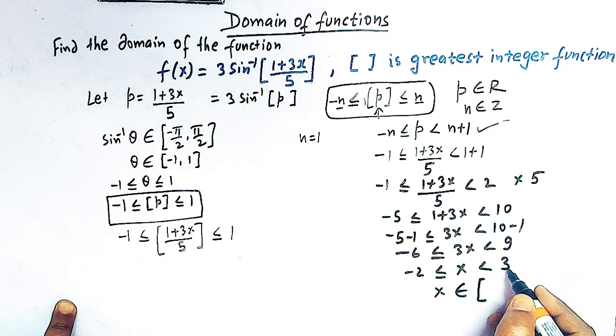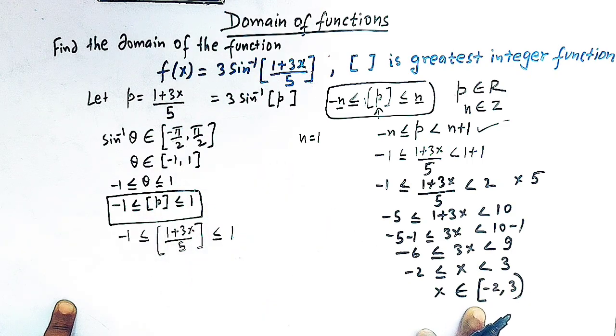So 3 is not included. The domain of this function is the interval from minus 2 to 3, where minus 2 is included and 3 is excluded.